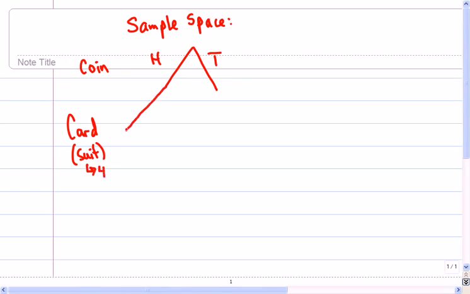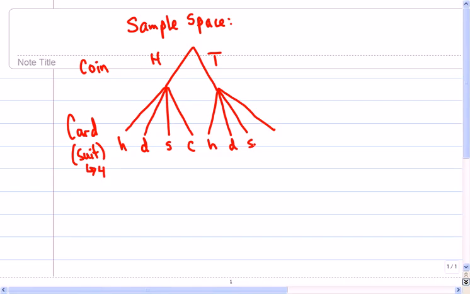So that means the next part of my experiment here, I only need to have 4 branches because I've narrowed it down to suit. So it's just easier for us to draw. Okay, so if I call this heart, diamond, spade, club, heart, diamond, spade, and club, then what this represents is the sample space for all possible events if I flip the coin and draw a card.